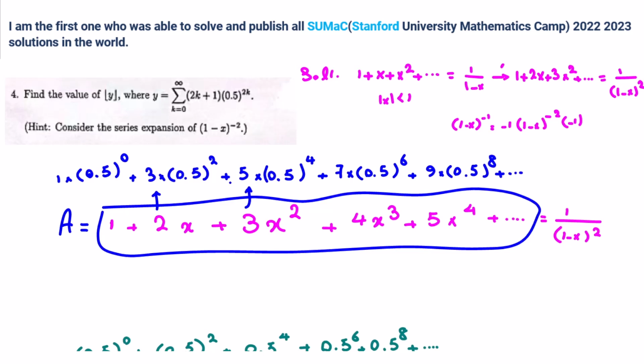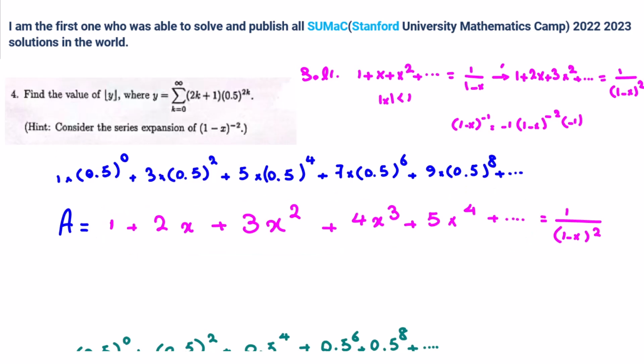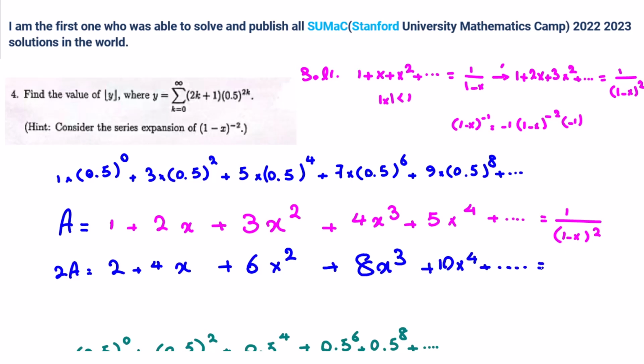No, for example, tell me you should say a plus something like this. Let me tell you a hint. If you multiply a by 2, it will be 2 plus 4x plus 6x squared plus 8x cubed plus 10x to the 4, and so on, which is equal to 2 over 1 minus x squared, right?